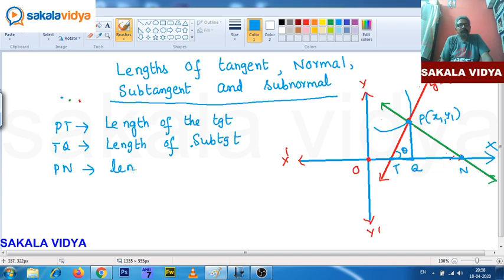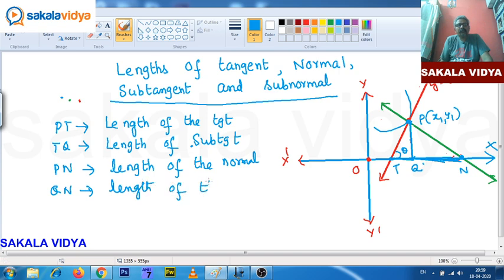Now, this Pn is called the length of the normal. Next, this Qn is the projection of Pn on the x axis. So, Qn is called the length of the subnormal.